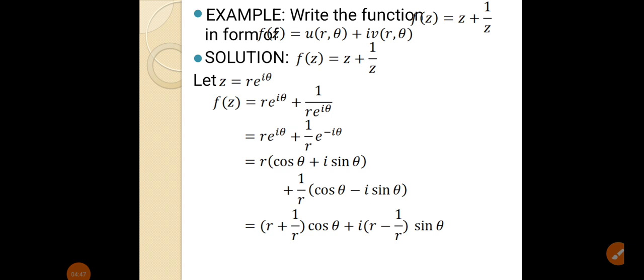The next step is we write the real part and the imaginary part separately.